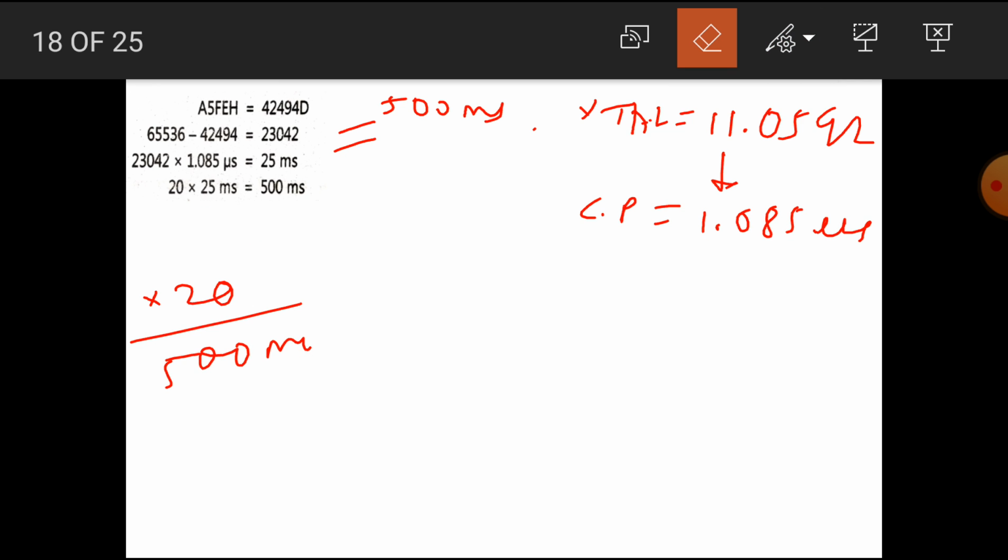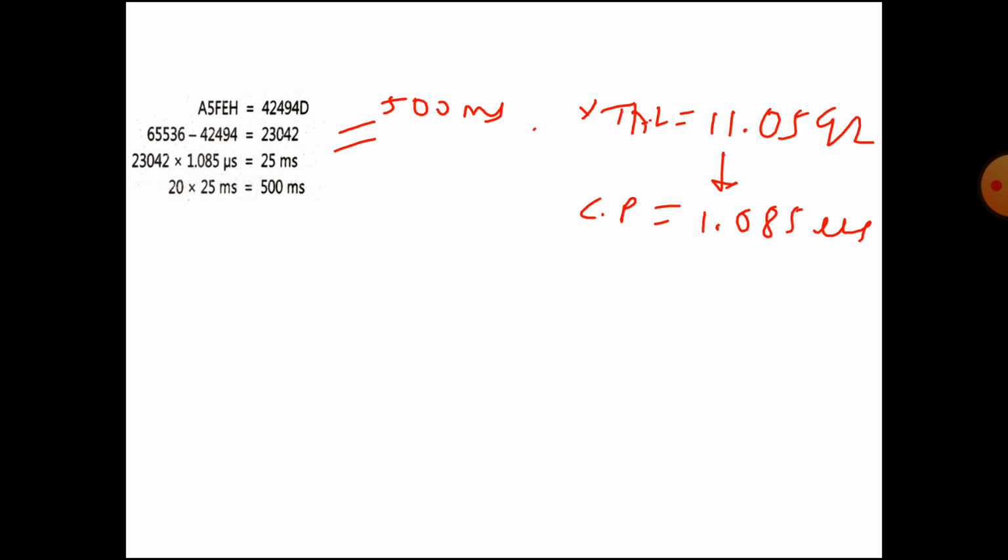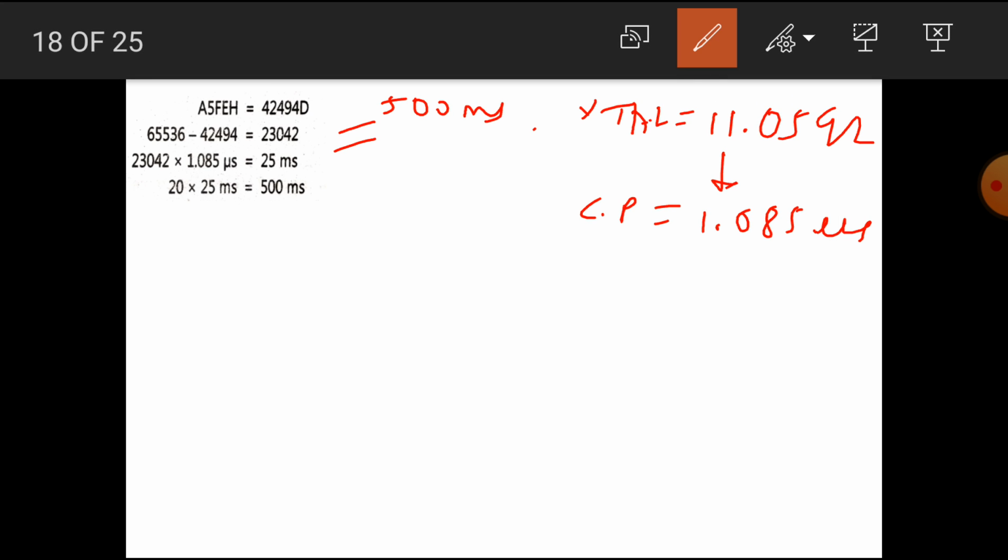Now we want to generate the values for the 25 millisecond delay. For that purpose we have to divide this 25 millisecond by this oscillator period 1.085 microsecond.